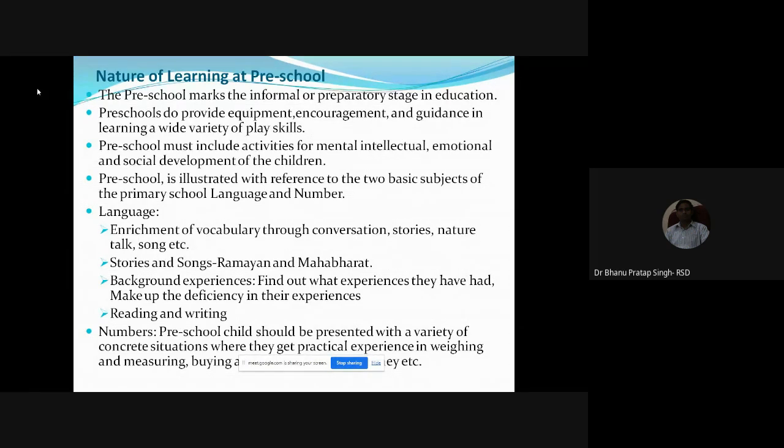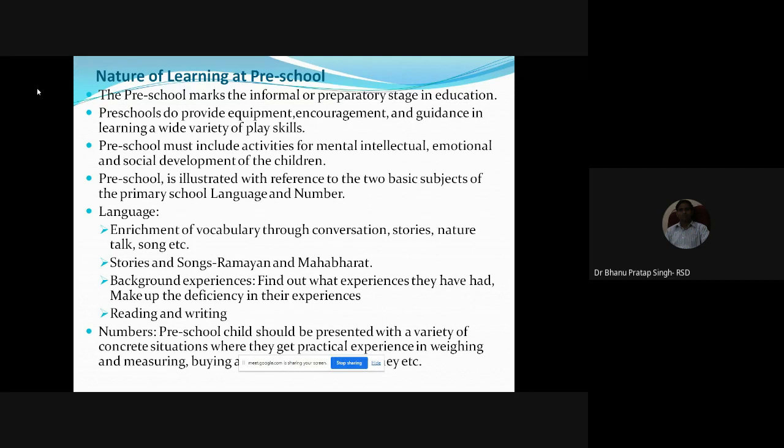Preschool must include activities for the mental, intellectual, emotional, as well as social development of the child. Preschool is illustrated with reference to the two basics, that is language and number. It means preschool should stress language and numbers.